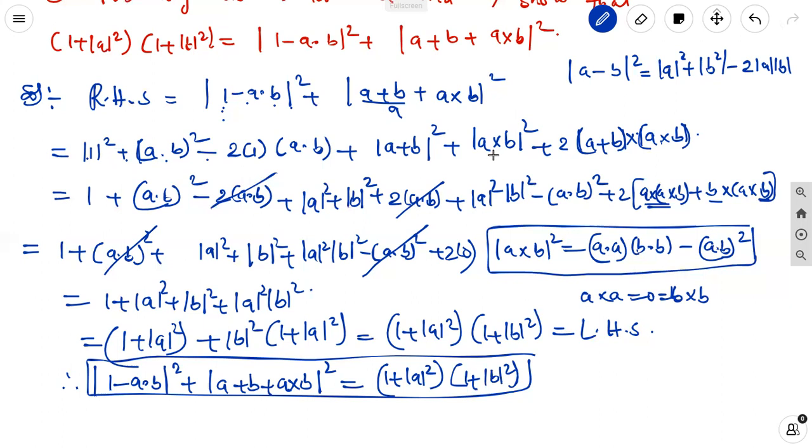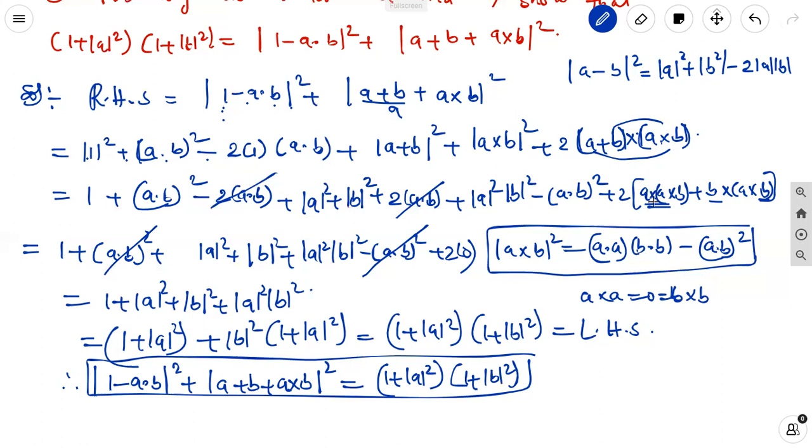Here modulus of (a cross b) whole square formula is mod a square mod b square minus (a dot b) square. A dot a is also mod a square. Substituting that. And by the distribution, a into (a cross b) plus b into (a cross b). We know that in the triple product, if a repeated vector is there, then it will be 0.